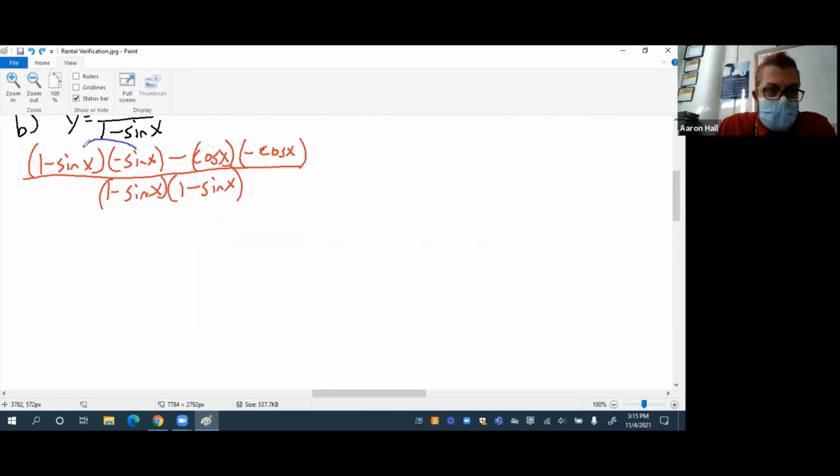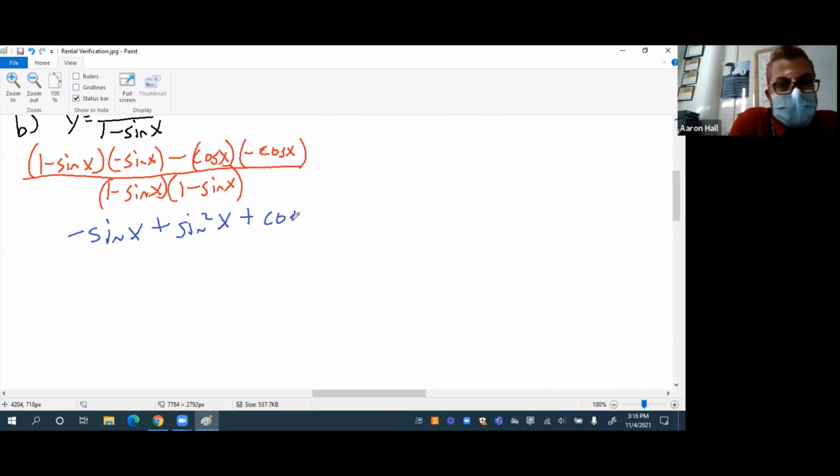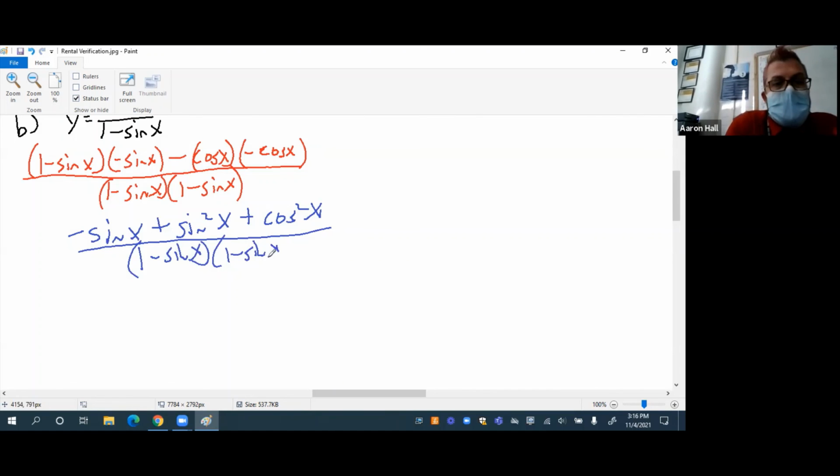Well, it looks like I can distribute this mess here. That gives me negative sine of x plus sine squared of x plus cosine squared of x, all over 1 minus sine of x times 1 minus sine of x. What does this become? 1.